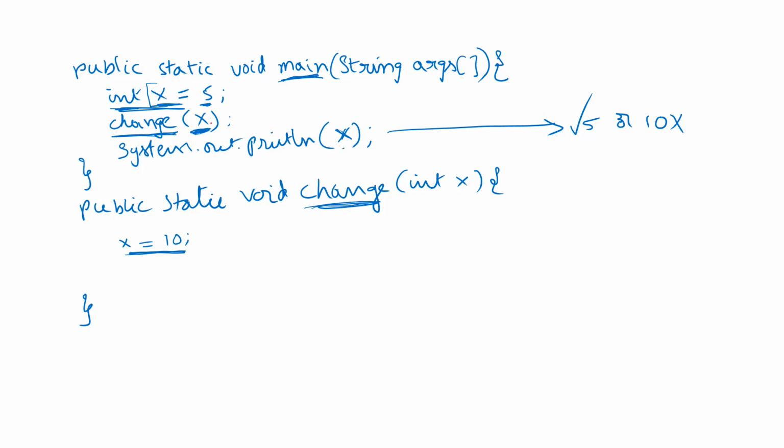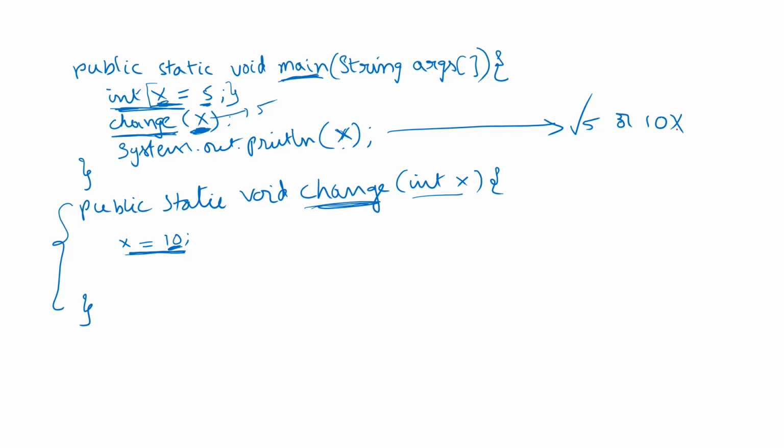So even though we are changing the value from 5 to 10 here, the original value won't be affected, because it creates another variable for this method and changes the value there, but the value of x here won't be changed. So it always prints 5 and not 10.